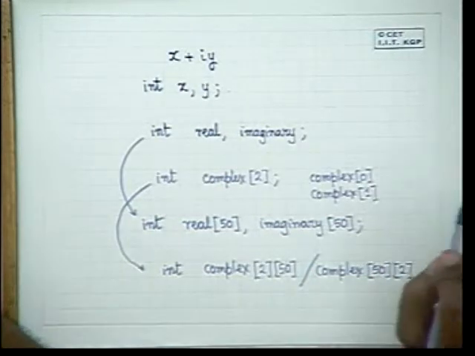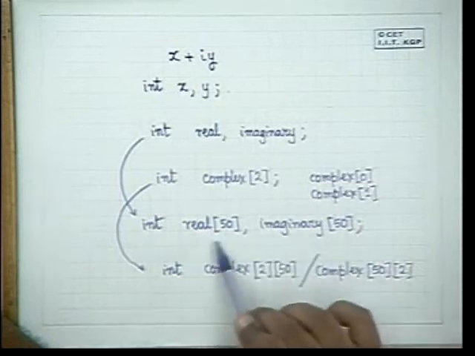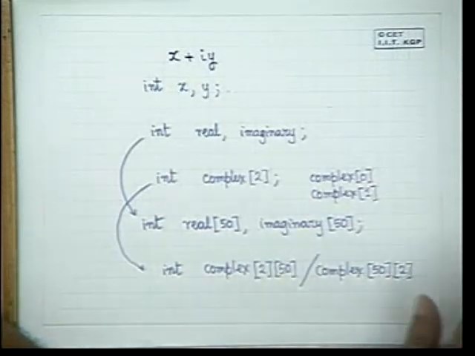These are the two ways in which you can define the complex numbers. And in order to operate on them, you would have had to operate on each individual data.